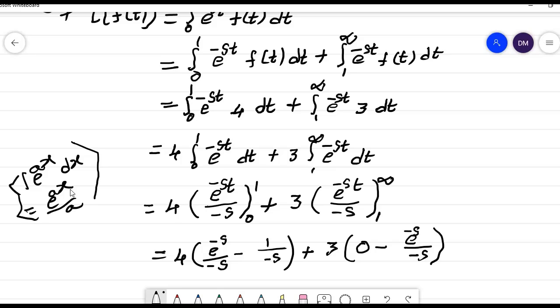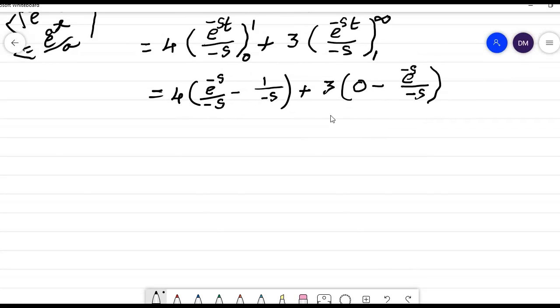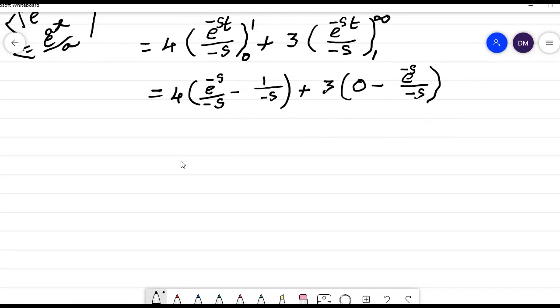Now simplify this. This is equal to minus 4 by s into e power minus s. Minus minus is plus, so plus 4 by s.